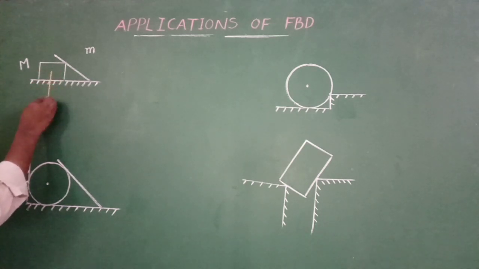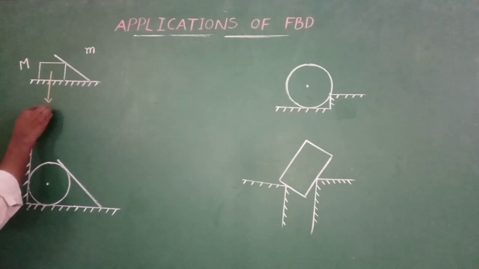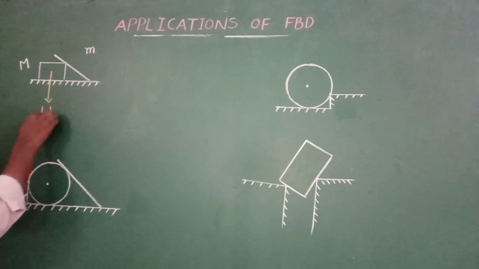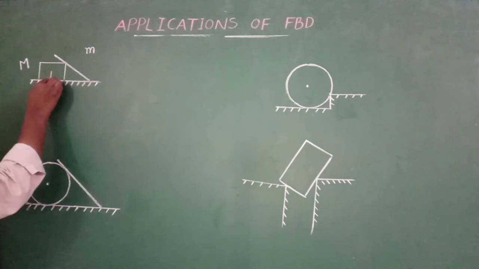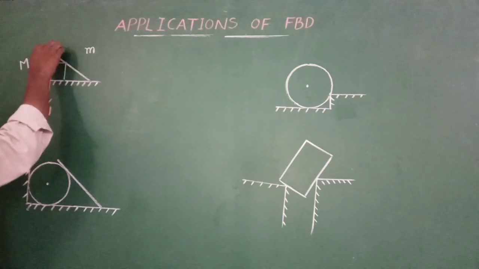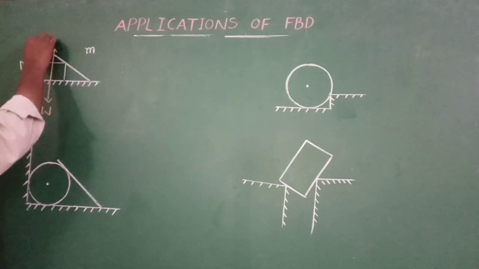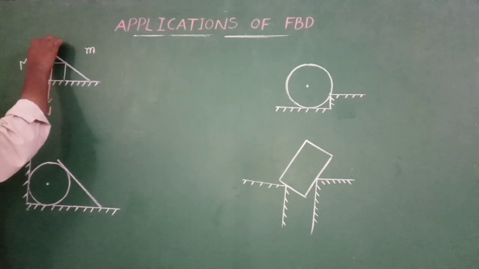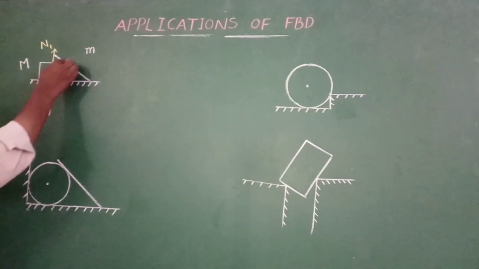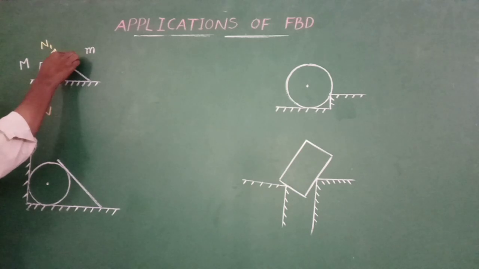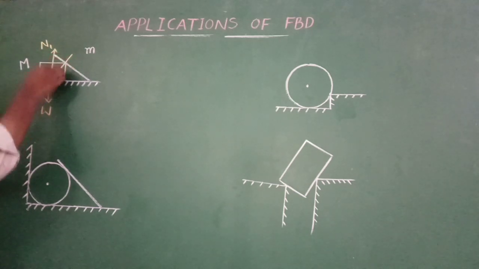A normal reaction acts on the block in the upward direction. This is taken as N1, and the block is in contact with the rod. So one more normal reaction acts on the block. Here this normal reaction is perpendicular, so the direction of the normal reaction is like this.